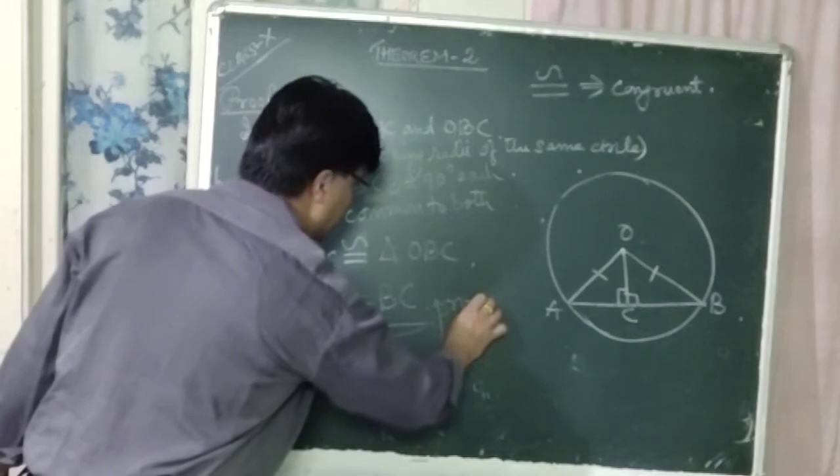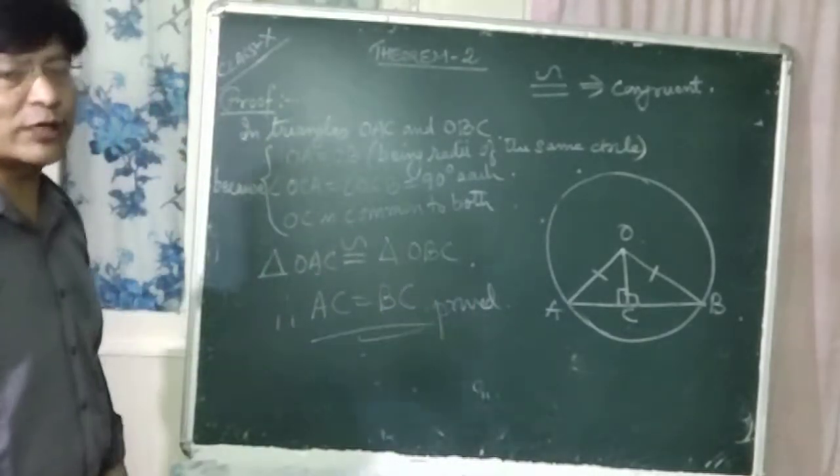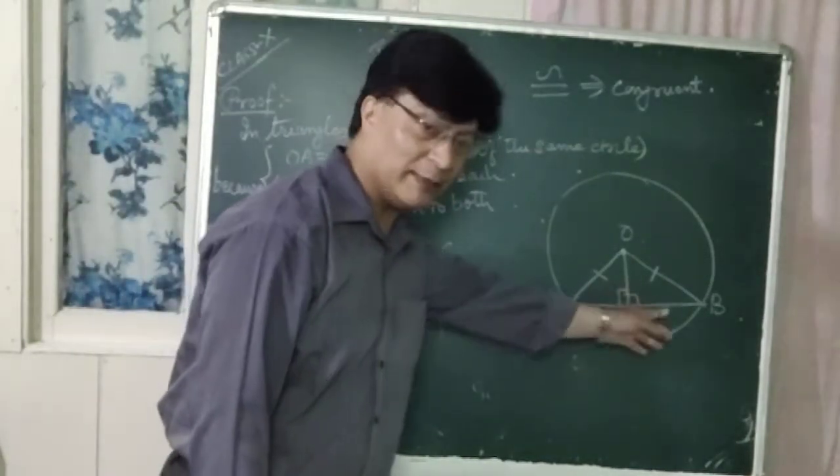Proved. What does this mean? AC is equal to BC means C is the midpoint of AB.